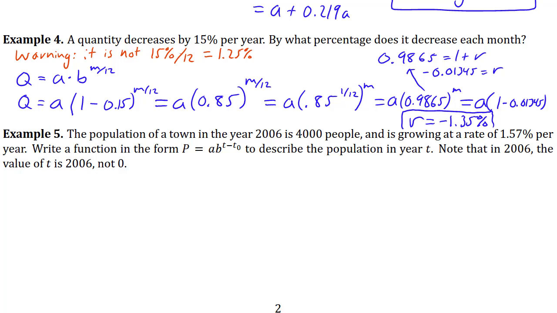So what we want to do here is make it so that in 2006, when T is 2006, the exponent should be 0. So I think it helps to think of a little table here.